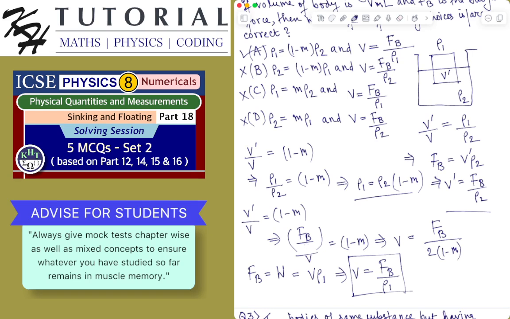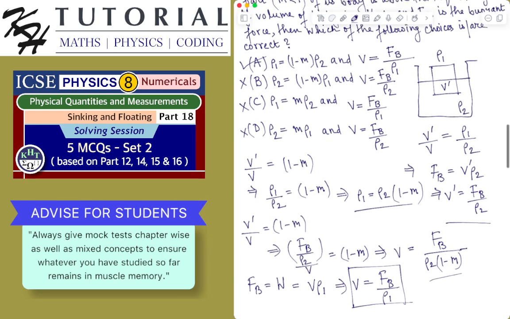So this is Fb by rho 2. So now this is equal to 1 minus m. So this implies V will be equal to Fb by rho 2 multiplied by 1 minus m, and rho 2 multiplied by 1 minus m is also equal to rho 1.